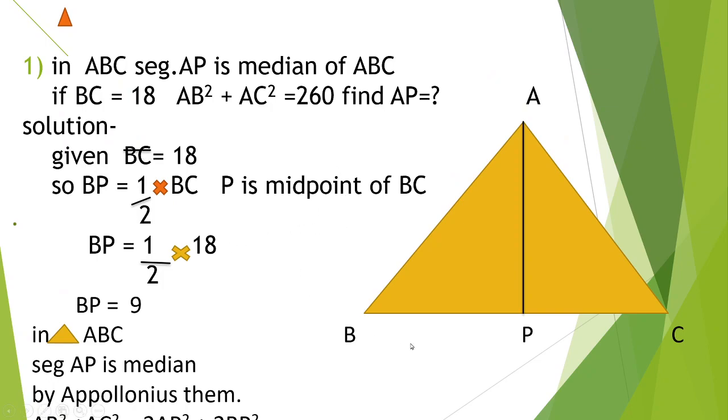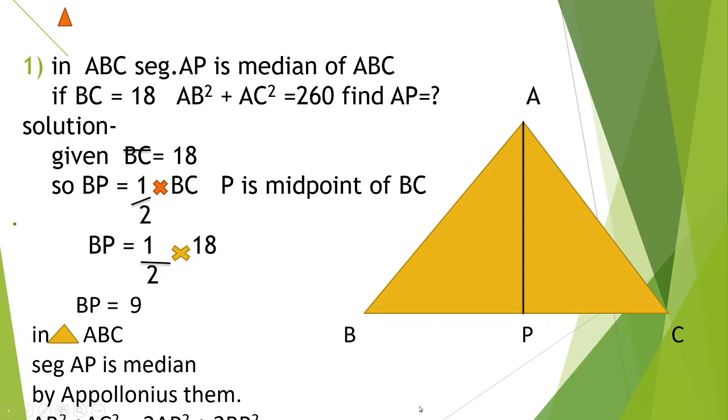Therefore, I can write BP is equal to 1/2 into BC, the half part of BC. So we give the reason: P is a midpoint of BC. Therefore, BP is equal to 1/2 into, put the value of BC as 18. After dividing 18 by 2, 2 9s are 18. You get BP is equal to 9.